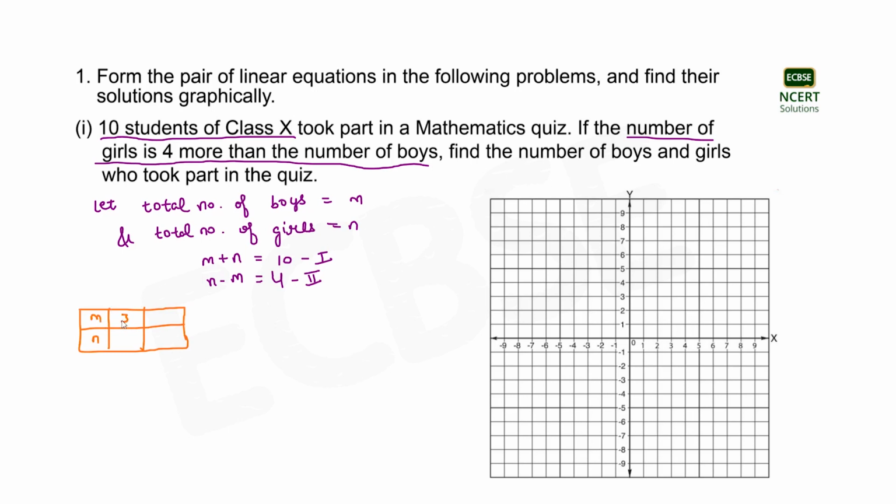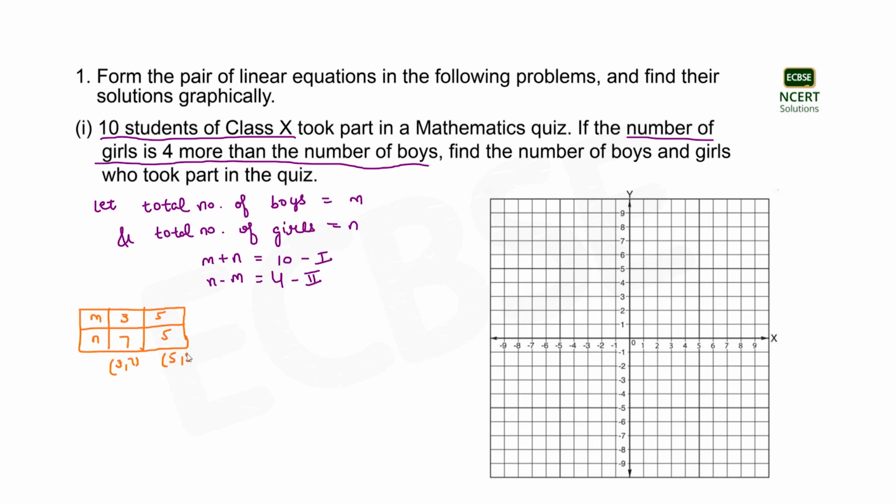Now let us take first the value of m to be 3. Putting it in equation 1, the value of n comes out to be 7. Now take another value of m, say 5, then the value of n comes out to be 5 by putting the value of m in the first equation. So here we get 2 points which will be marked for this first equation, that is 3, 7 and 5, 5.